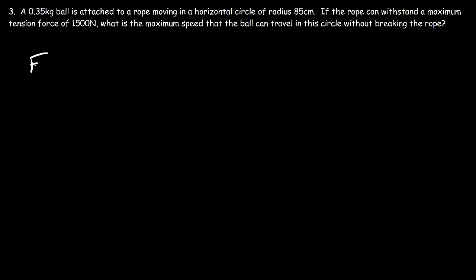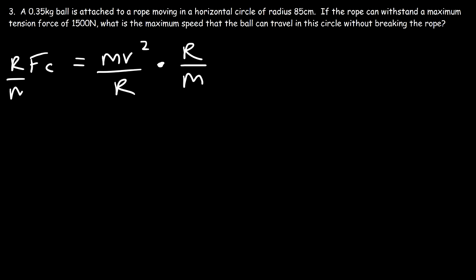So in this problem, we need to calculate v, the maximum speed. So let's solve for v in this formula. What I'm going to do is multiply both sides by r over m. The reason I'm doing that is to cancel the radius on the right side and also to cancel the mass.